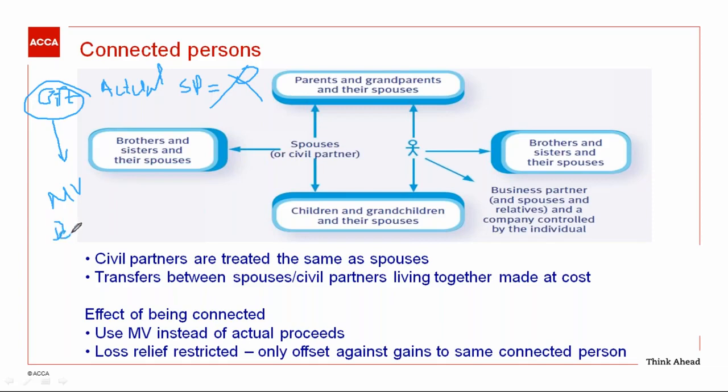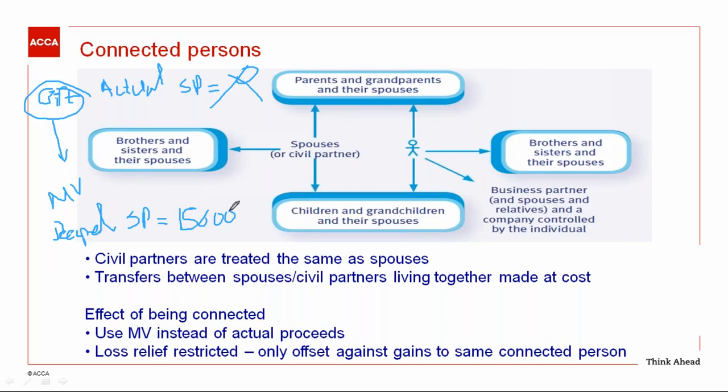So here the actual sales proceeds are zero. Assume the market value is £15,000. To calculate the chargeable gain or the allowable loss, you should use the market value.